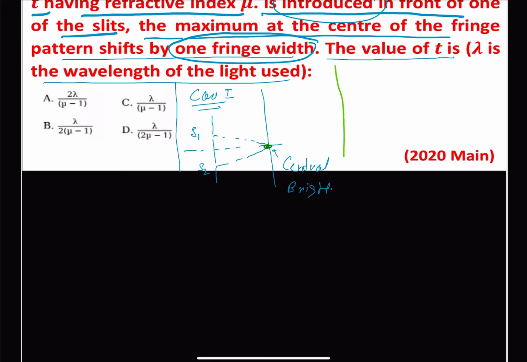Now in case 2, we have introduced a thin film, suppose in S1, then we can just draw it. So we have case 2, and these are the two slits, S1 and S2. We have a screen, and we have a thickness T and refractive index mu, introduced in the path of S1.